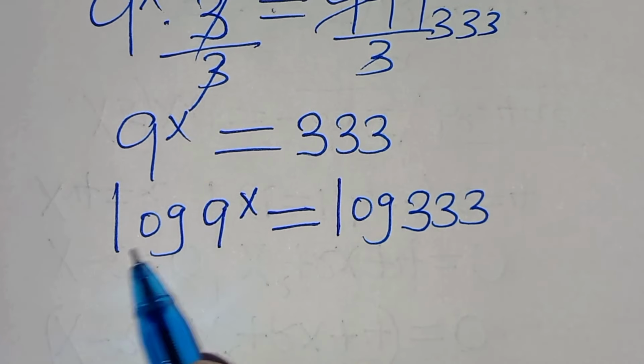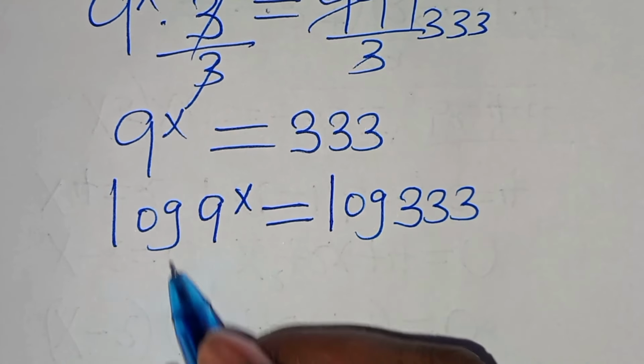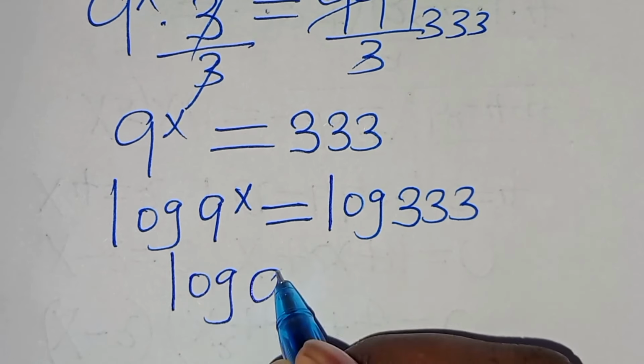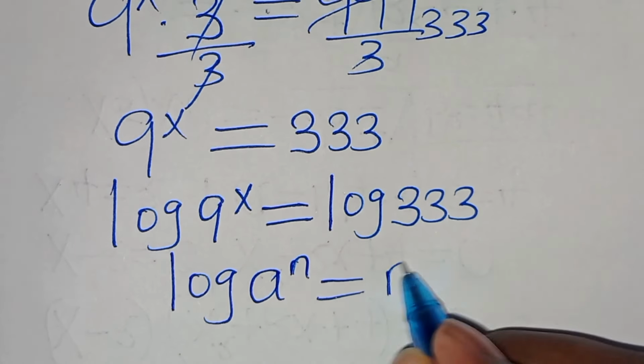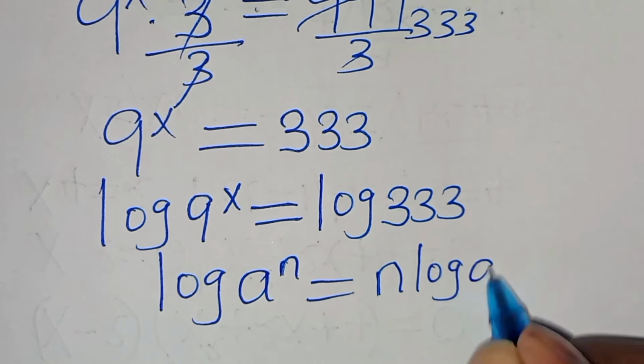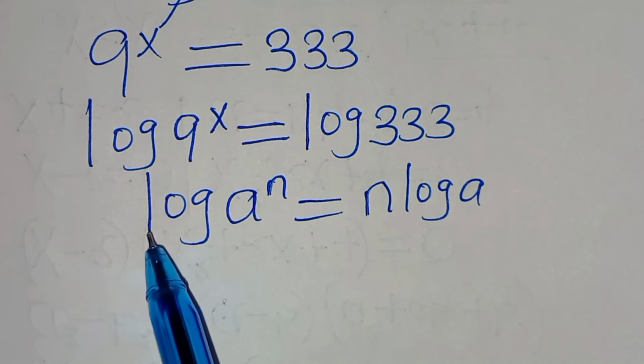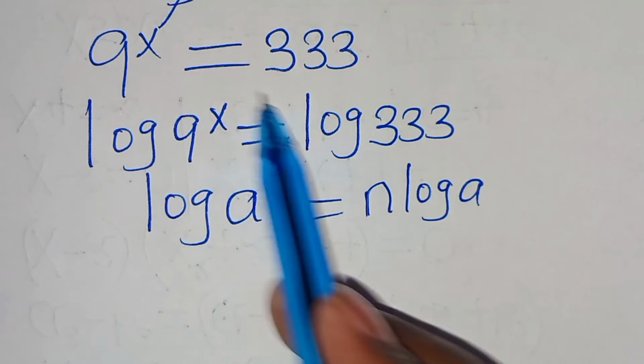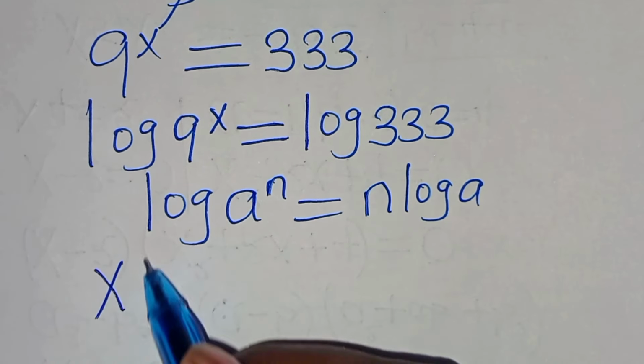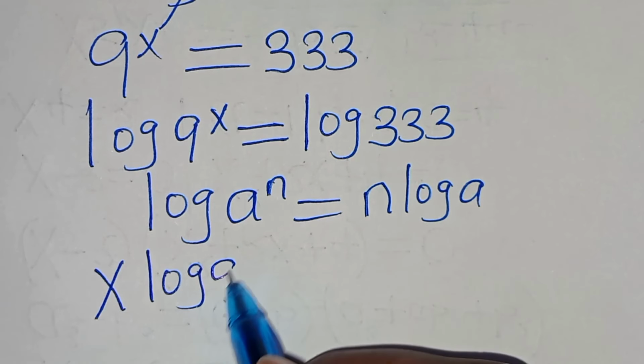So you find that log 9 to the power of x is in the form of log a to the power of n, which we can express as n log a.